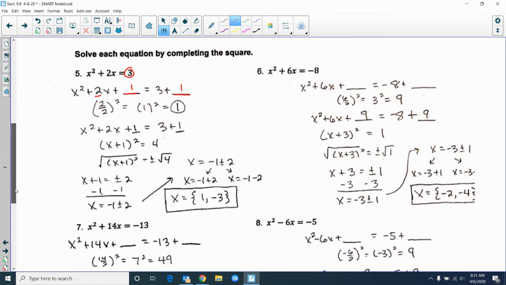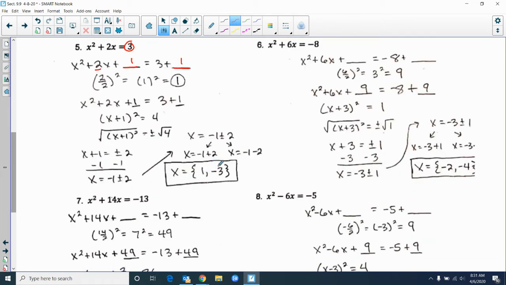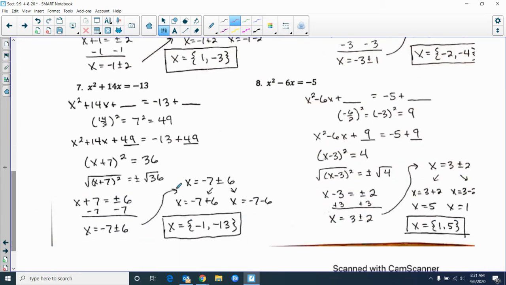So for number 5, you should get an answer of 1, -3. Now, I know I normally write the smaller number first, but I was running out of room, and I just went in order. So in most of these, the smaller number may not be first, and if you did the same thing, that would be fine. So for 7, you get -1, -13 for your answers. 8 is 1, 5. You'll notice there's a good bit of work here, and a couple of these steps aren't absolutely necessary.